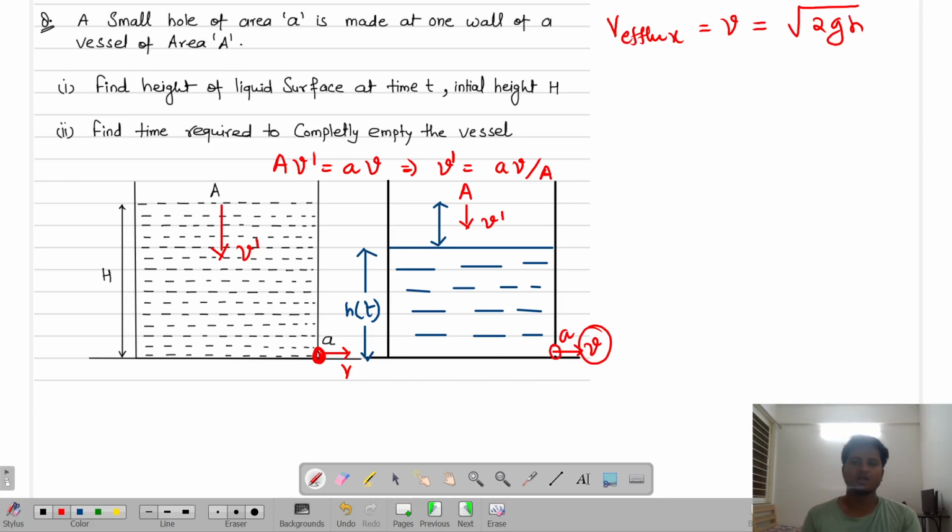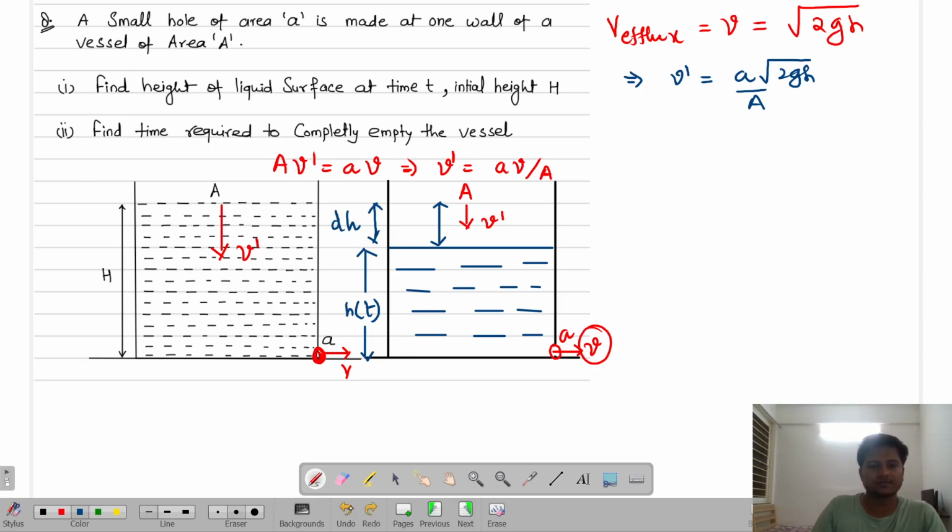So you got your velocity equation. You just need to apply it here: v dash is equal to a root under 2gh by capital A. Now, what is v dash? V dash is nothing but the change in height with respect to time, ds by dt.